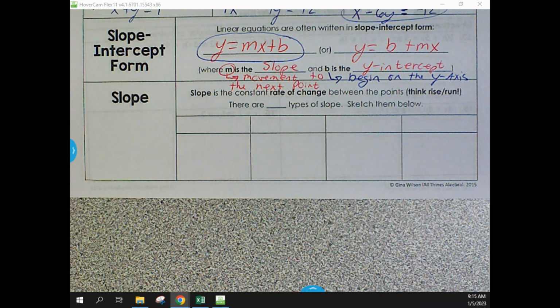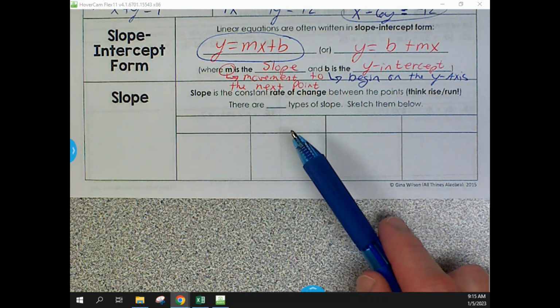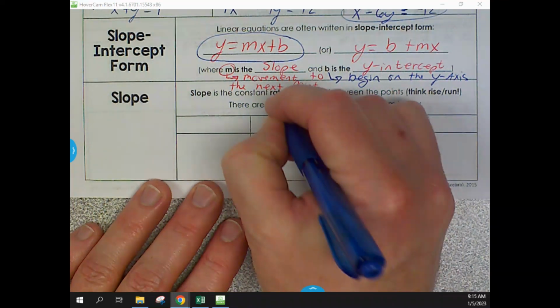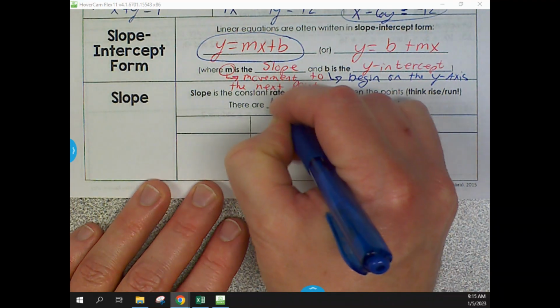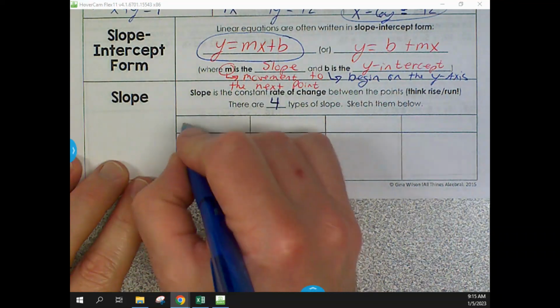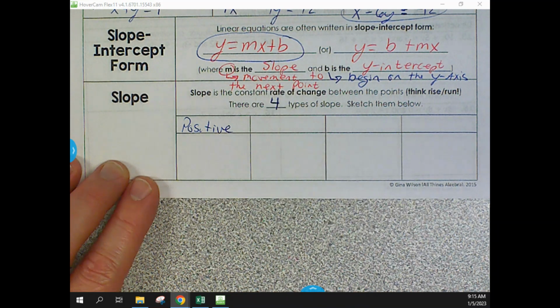Okay, so anyway, slope. It's the constant rate of change. It's rise over run. When we talk about slope, there are actually 4 different types of slope that we can look at. You can have positive slope.